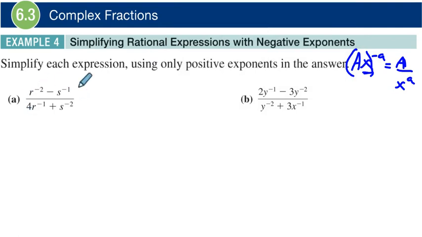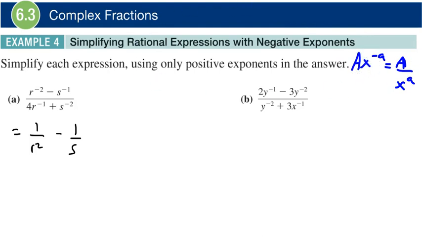Then what I first want to do is rewrite everything so it's a positive exponent. So this right here would become 1 over r squared minus 1 over s. Okay, so I'm using my rule that I learned right here, and just so that we make sure that this is still accurate, we'll just get rid of this part.